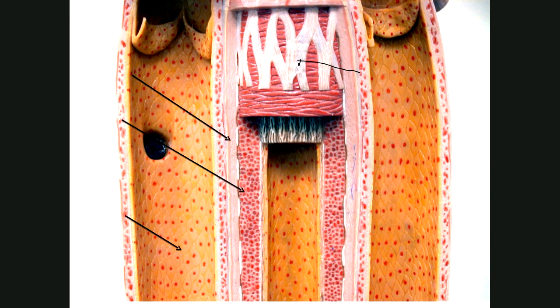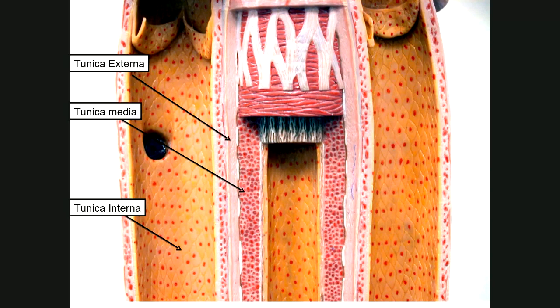It's called the external elastic lamina. External elastic lamina. Well, it's not only in the front, it's all the way around as well. So we'll be able to see it also when we look further down here. But there's our 3 layers: externa, media, interna.